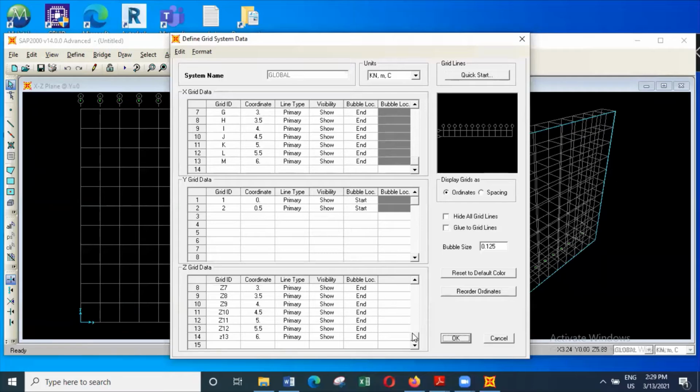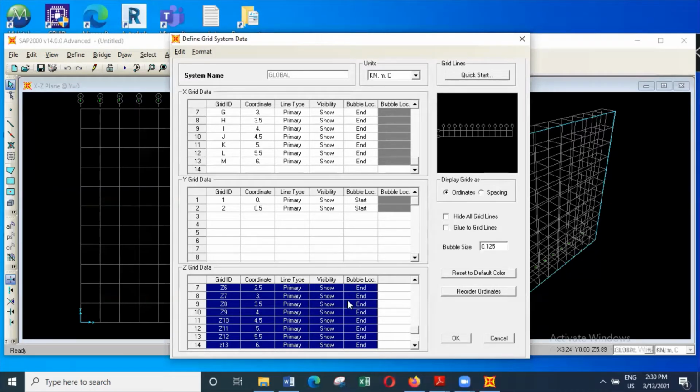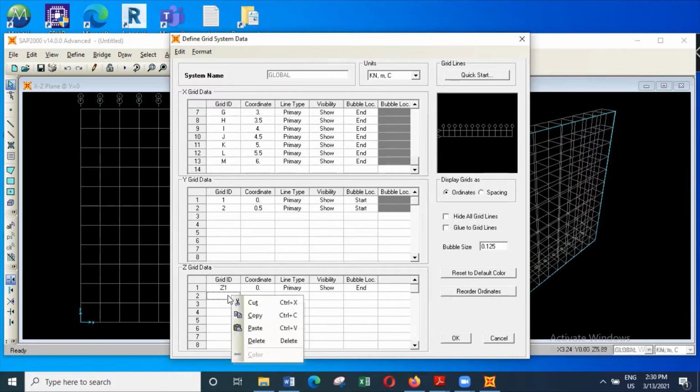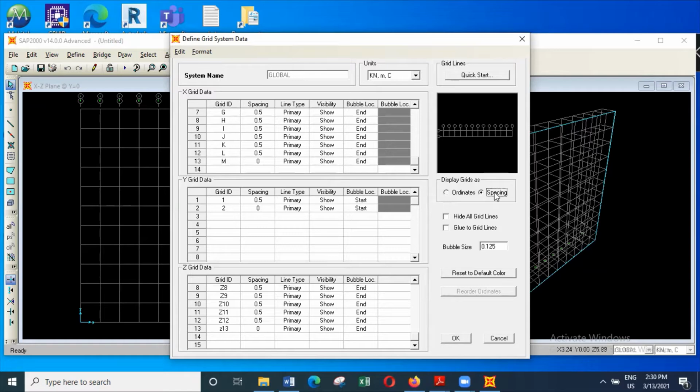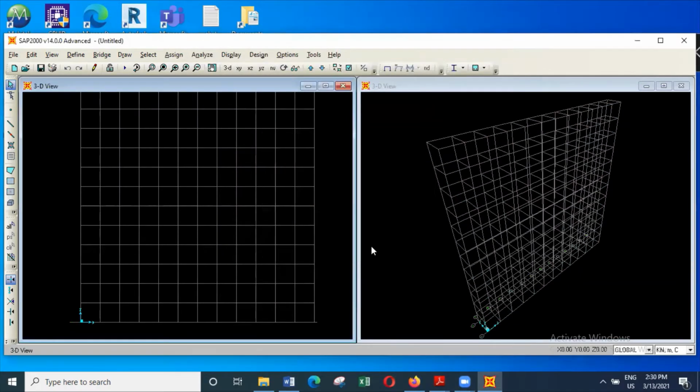Coordinates 0. How it looks like. Okay. So now you can see we have 6 meters here.